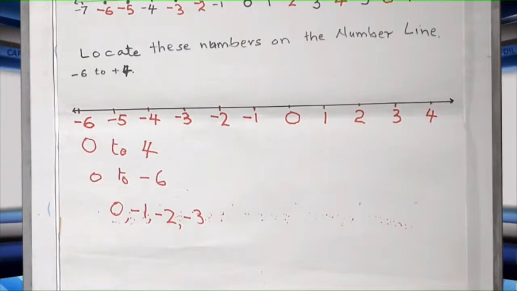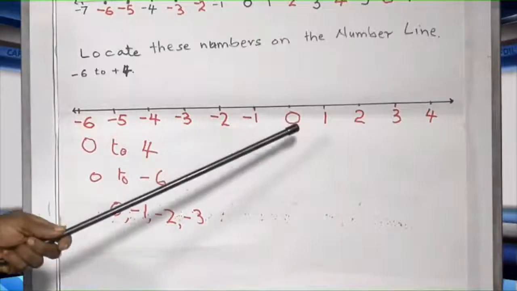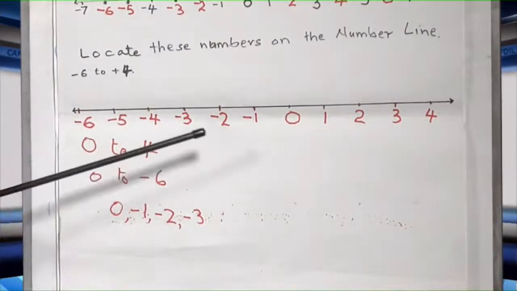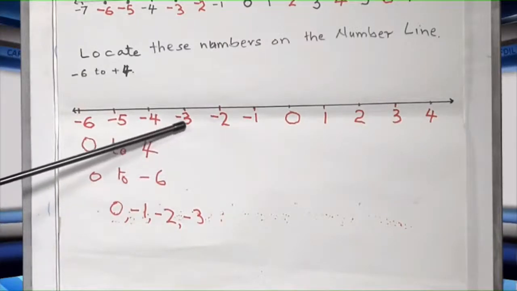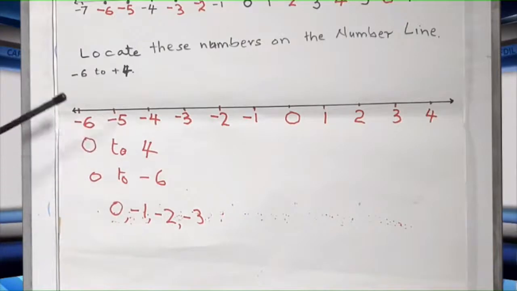So we have drawn the number line with positive values 1, 2, 3, 4, and negative values -1, -2, -3, -4, -5, -6.